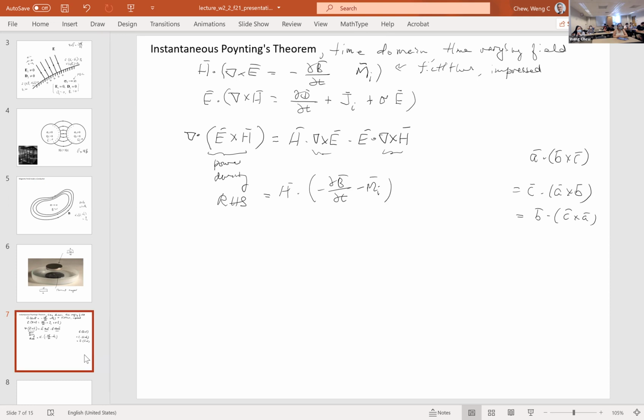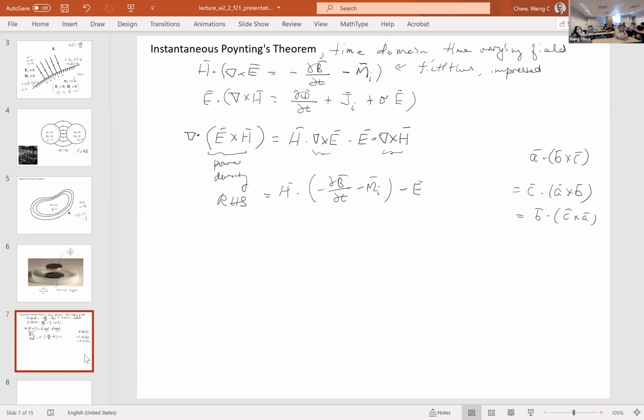This should be a minus sign. And if you want to introduce a fictitious current, it is more symmetrical to put a minus sign there. So the 2 of the Maxwell's equations are the same genre. They have minus sign on the right-hand side.